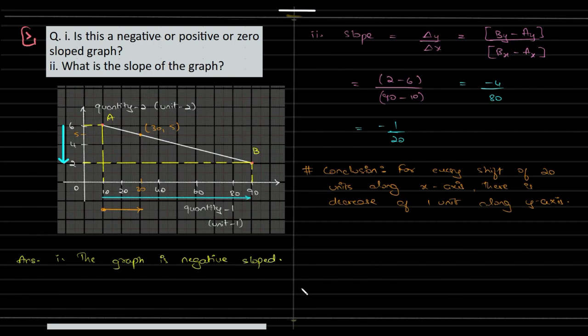So this is your conclusion. You can observe between any 2 points. You can observe from 30 to 50, 40 to 60. You'll get to see that there is decrease by 1 unit.